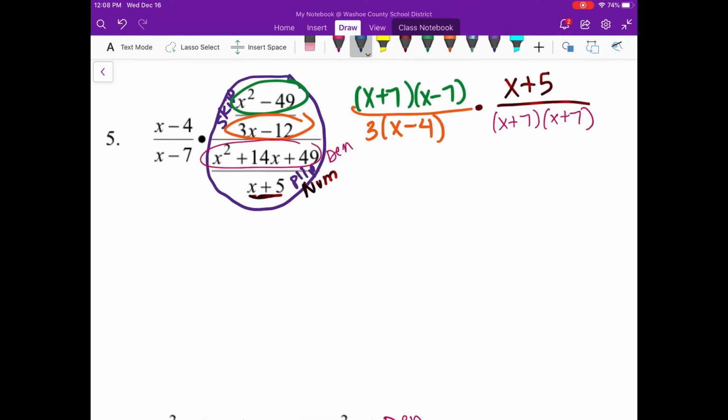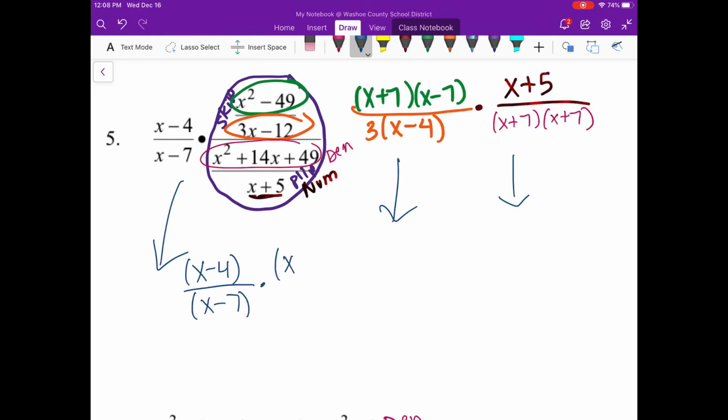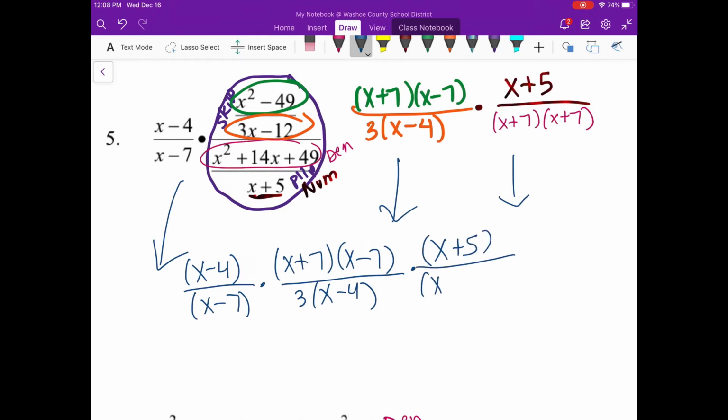So what I'm going to do now, now that I have all multiplications, is just bring them all down. So I'm going to bring this down, this down, and this down. So turning it into one big problem, x minus 4, x minus 7, x plus 7, x minus 7, the 3, x minus 4, x plus 5, and then x plus 7, x plus 7. And same process, I'm going to see what factors out or cancels out.